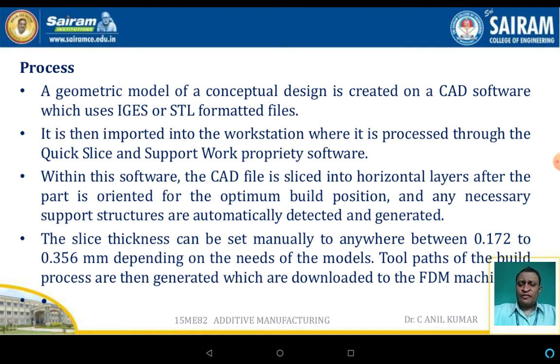Within the software, the CAD file is sliced into horizontal layers after the part is oriented for the optimum building position, and any necessary support structures are automatically detected and generated. The slicing thickness can be varied from 0.172 to 0.356 mm depending upon the need of the model. The tool path of the build process is then generated.